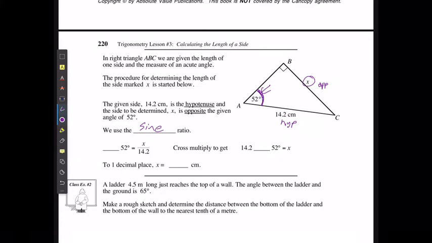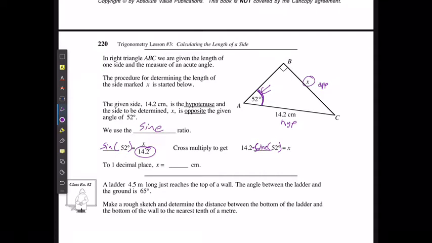So I'm going to say that sine of the angle of 52 degrees is going to equal x divided by my hypotenuse, 14.2. In order to get the 14.2 out of the bottom, I'm going to multiply both sides by 14.2 and say that 14.2 times sine of 52 is going to equal x.